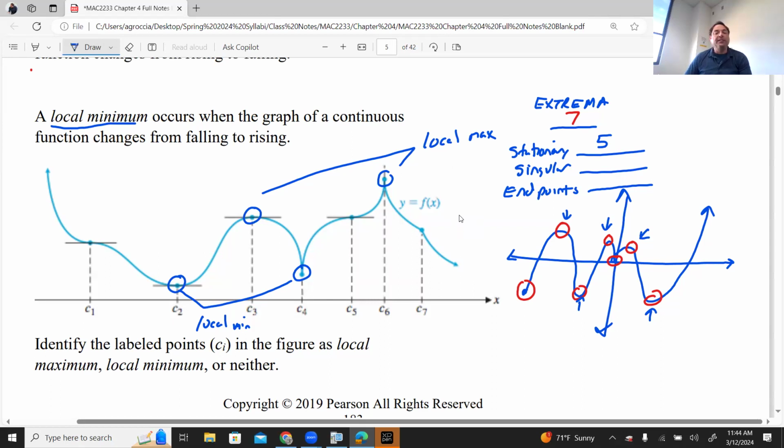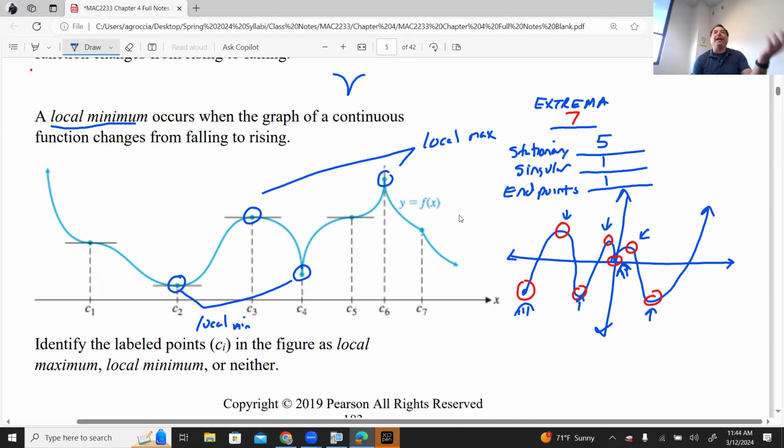For right now, singular means a sharp corner. It's a little tough to see, but we have a sharp corner right here. So we have one singular point. That is another way an extrema can look. And we have an endpoint right here. That is another possible extrema.